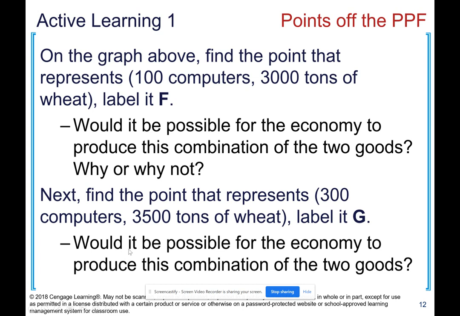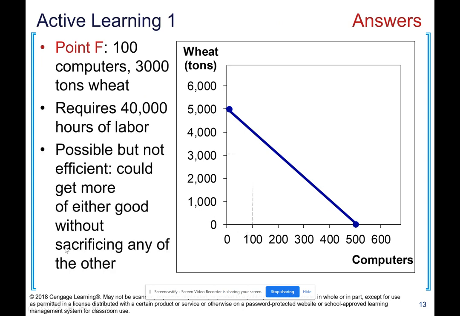Label it G. Would it be possible for the economy to produce this combination of the two goods? That is the graph. And if we want point number F that shows 100 computers and 3,000 tons of wheat, what did we say about any point to the left of this curve?